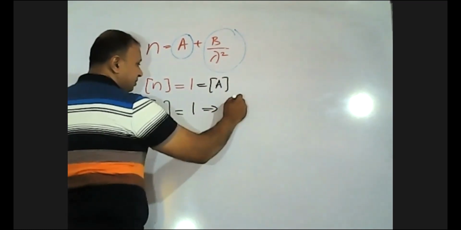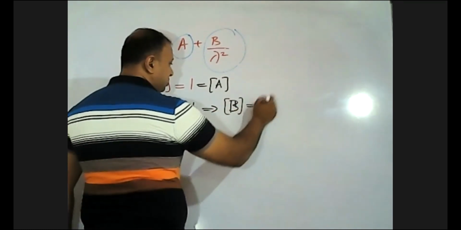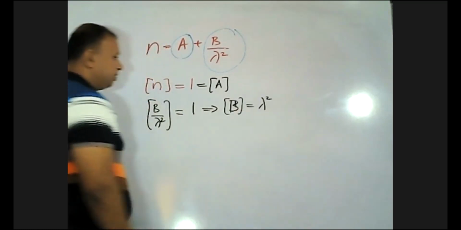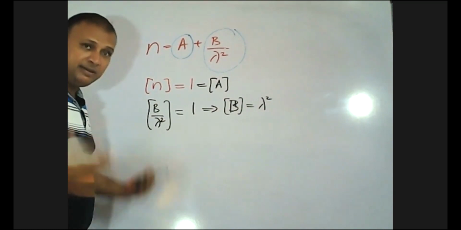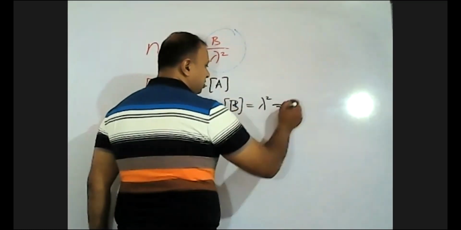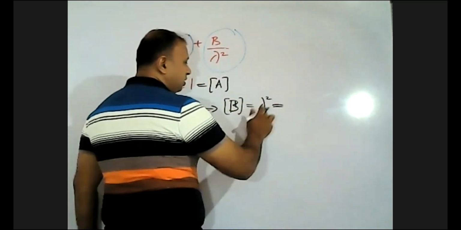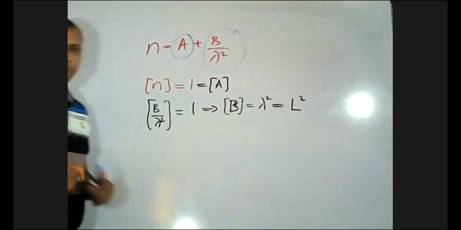Then the dimension of B should be equal to the dimension of lambda squared. Lambda is a wavelength, which means a length. Therefore, the dimension of B is L squared.